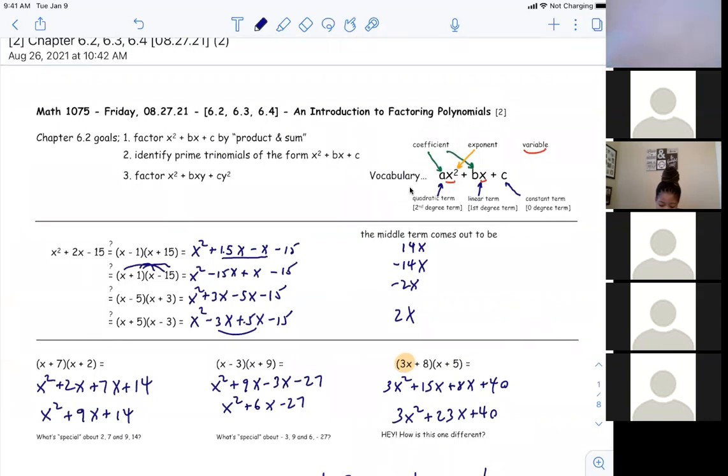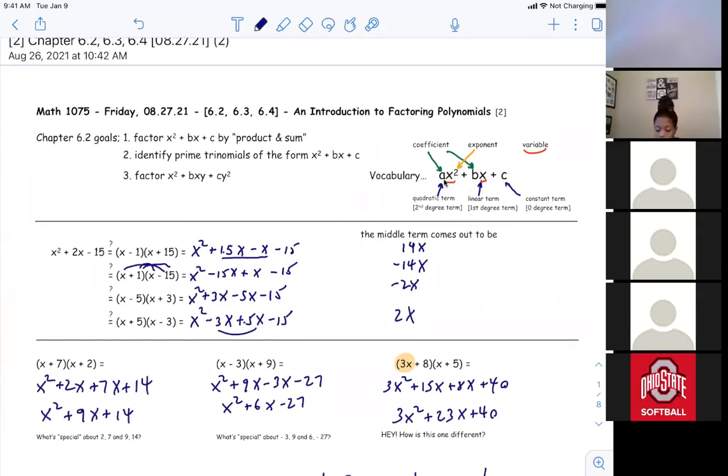In the first 3 or 4 minutes of class, we just refreshed our memory about some terminology: the numbers multiplying the variables are known as coefficients. The powers are also called exponents. The variable part of these expressions are the pieces that are allowed to change their value, which in this case would be just the x's.